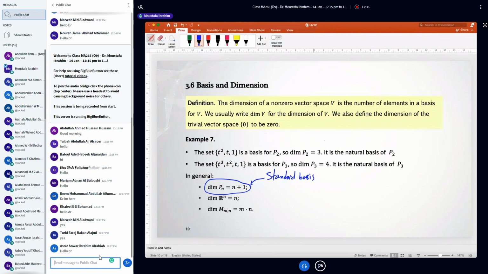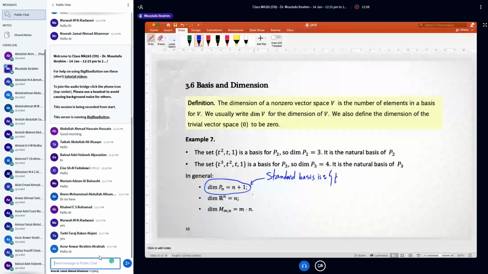What's the standard basis for Pn? We start with the maximum degree, t to the power of n, n minus 1, and arrive at the end at t squared, t and 1.